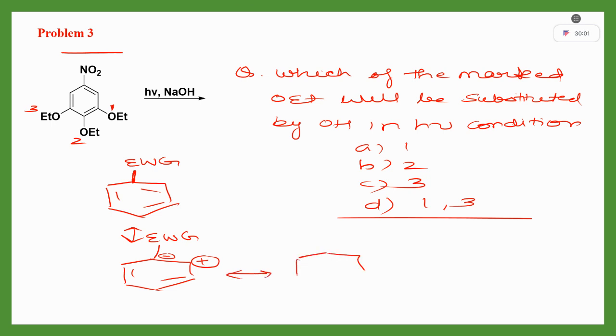Now, after making charges, your next mission is to draw another resonating form. Basically, you have to draw its 1,4 resonating form first. So it will be, yes or no, students. I hope till this point you are clear. Now, our next mission is to form cyclopropane.